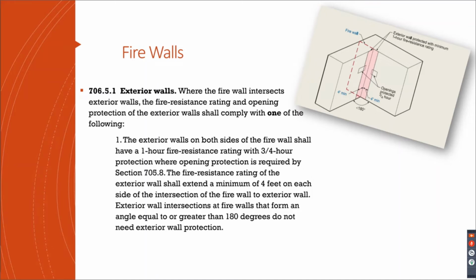The fire resistance rating of the exterior wall shall extend a minimum of 4 feet on each side of the intersection of the firewall to exterior wall, and then exterior wall intersections at firewalls that form an angle equal to or greater than 180 degrees do not need exterior wall protection. So look at the picture. If you just heard blah, blah, blah, read it again, sort through it, and then look at the picture. It helps you sort those pieces out.